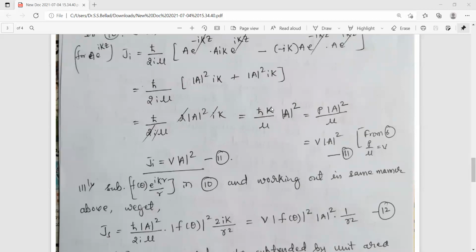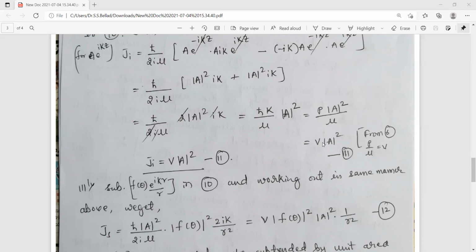This h cross k is referred to as the momentum in quantum mechanics. So this h cross k is written as p, the momentum, P into A square divided by mu. And from equation 6, you can go back and check, P by mu is V, the velocity of the particle.